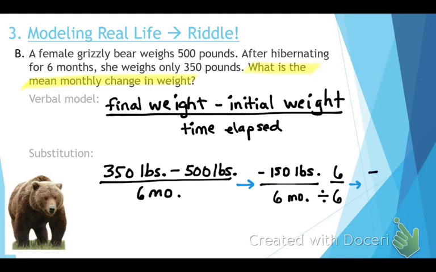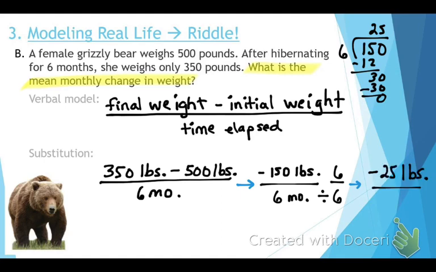If you do not know how to do 150 divided by 6 in your head, just go off to the side and divide it. Guys, what is 150 divided by 6? Negative 25. Very good. Okay, so we've got negative 25 pounds per what? 1 month.